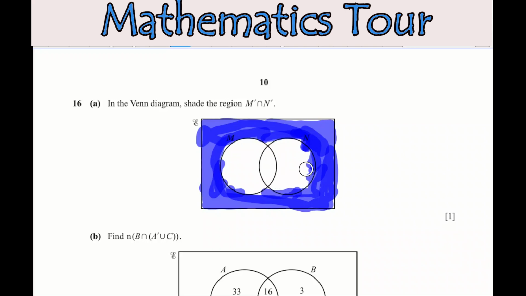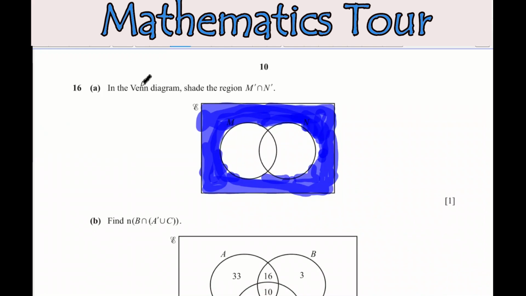Okay, I think it's a little bit better now. So you don't have to shade the circle, that is all you need to do, just outside the circle but inside the rectangle. I think it's pretty okay like that.